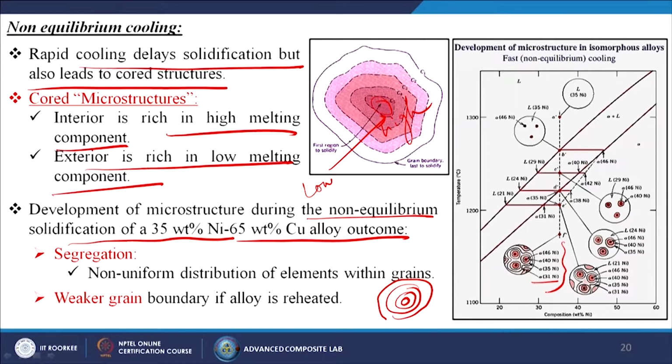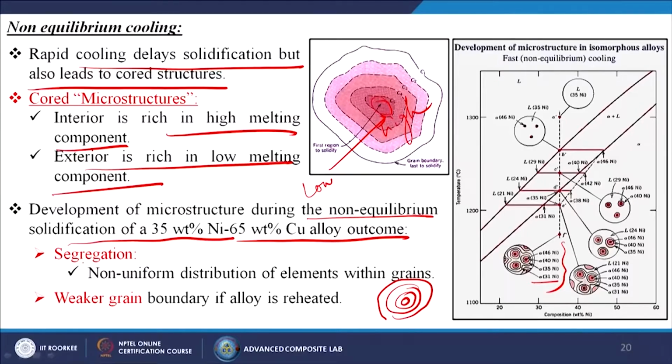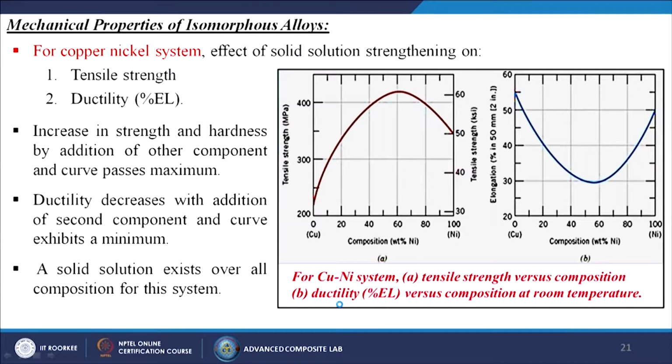So, this is for the non-equilibrium cooling. So, it has different temperature zones. We can see the segregation, that means non-uniform distribution of elements within grains, and weaker grain boundaries if the alloy is reheated several times.